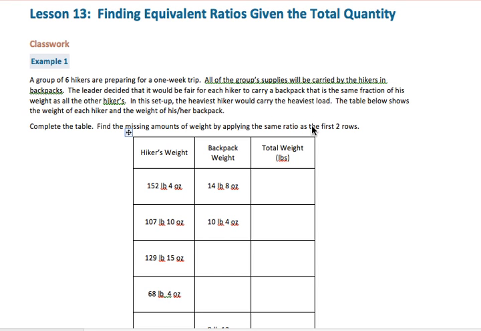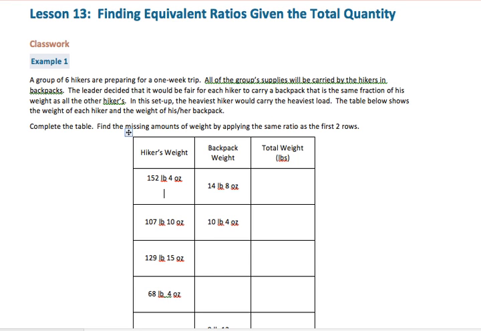In order for us to apply the same ratio as the first 2 rows, we actually have to find the ratio in the first 2 rows. Because we are looking at numbers that have different units within the same number, pounds and ounces, we do need to convert these numbers so that they are representing just pounds.